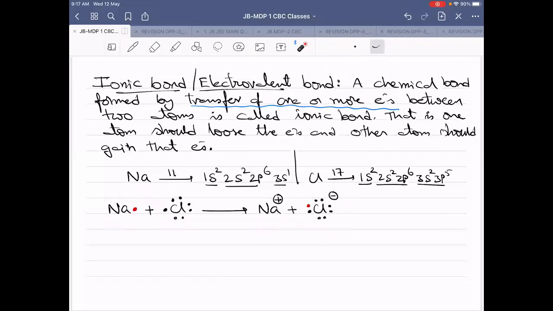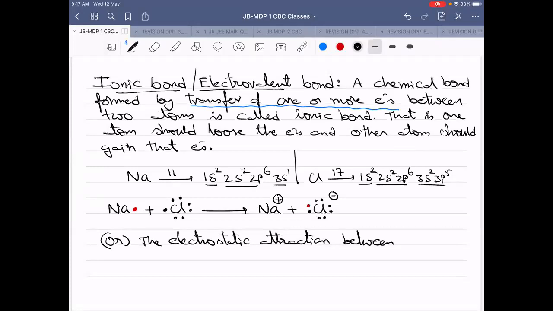The ionic bond is a transfer of electrons only, or for your convenience, you can also define ionic bond as the electrostatic attraction between cation and anion. That is the reason why it is called an electrovalent bond.